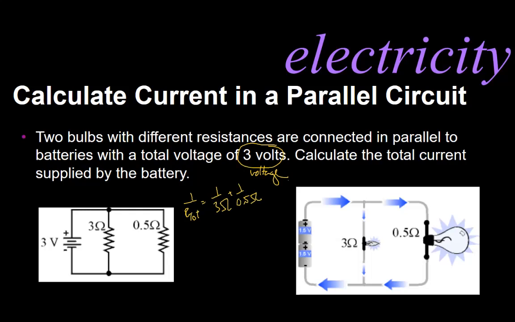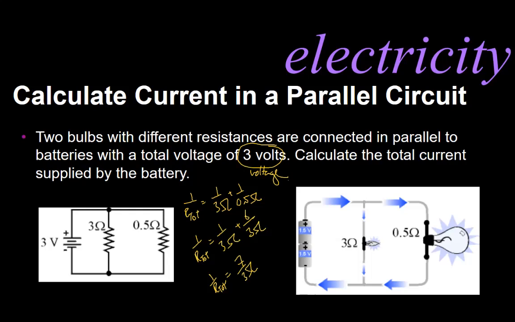So 1 over R total equals 1 over 3 ohms plus 6 over 3 ohms. So that's 1 over R total equals 7 over 3 ohms. Invert that, right?